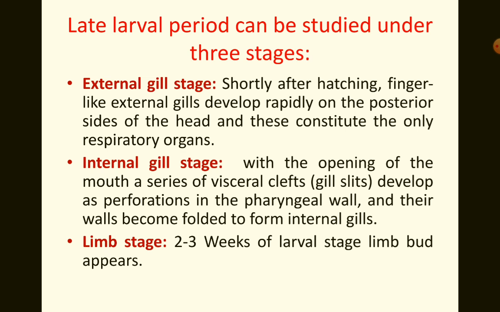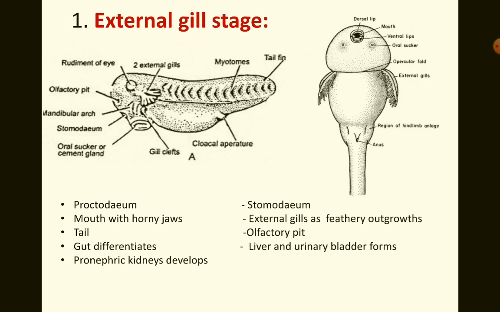Whereas in internal gill stage, with the opening of a series of visceral clefts, they develop as perforations in the pharyngeal wall, and their wall becomes folded to form internal gills. And in limb stage, after 2 to 3 weeks of larval stage, limb buds appear, and that stage we define as limb stage. Now let us learn what all changes happen during the external gill stage.